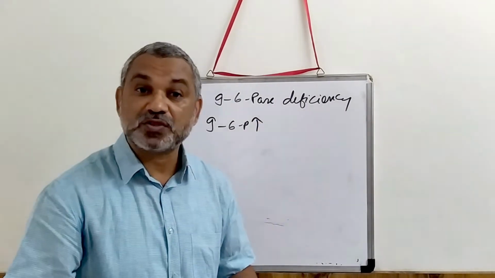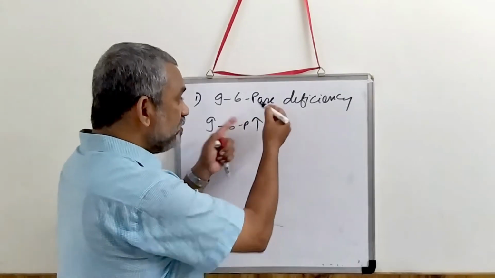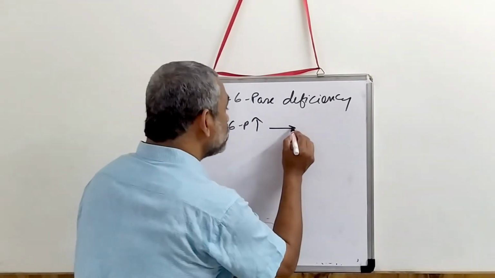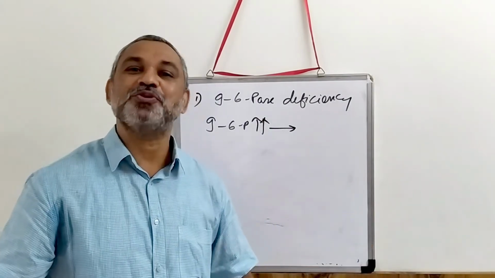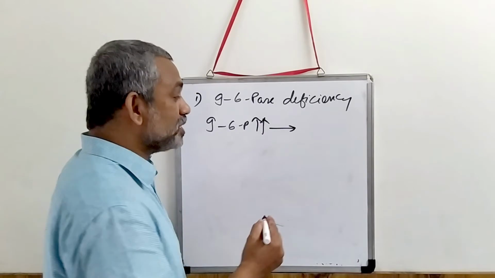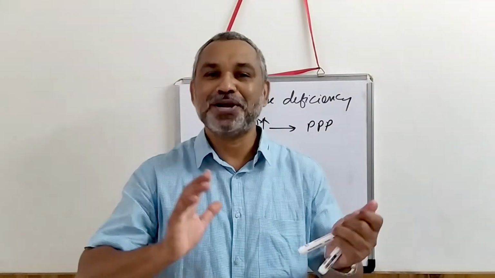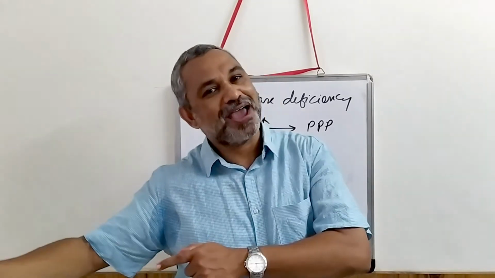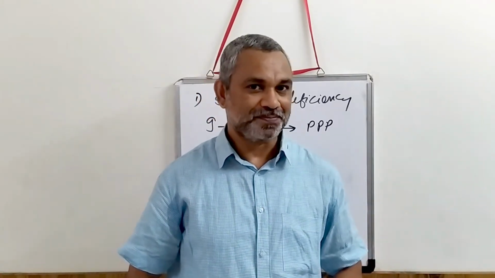If this enzyme is deficient, glucose 6-phosphate gets accumulated. When there is plenty of glucose 6-phosphate, you are promoting it to enter the PPP and the formation of ribose 5-phosphate and nucleic acid. You see how it is indirectly affecting.